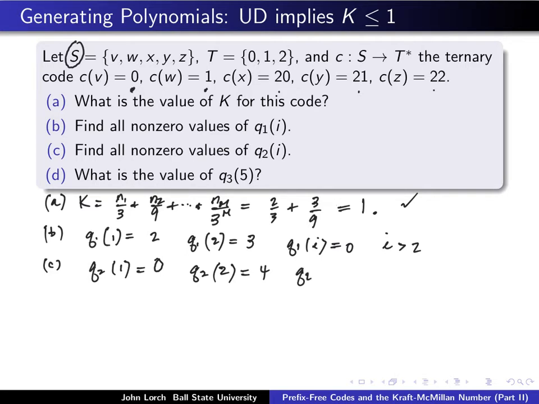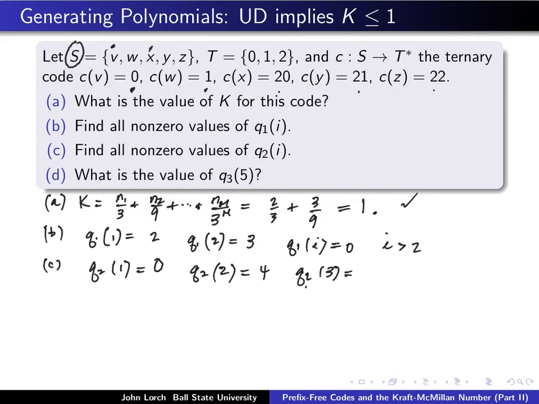All right, so now let's look at q sub 2 of 3. Now, what is that? Here we're encoding messages of length 2 in S star, and once we encode, we're going to count all the messages in T star that are of length 3. For instance, if we were to take VX, that's a message of length 2. We encode it, and the encoded message would be 0 2 0, which is of length 3.